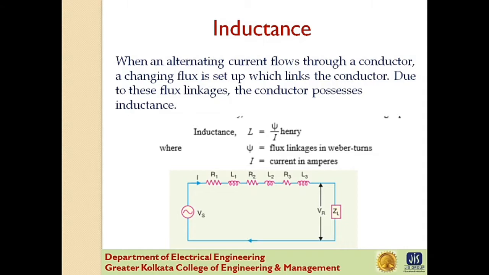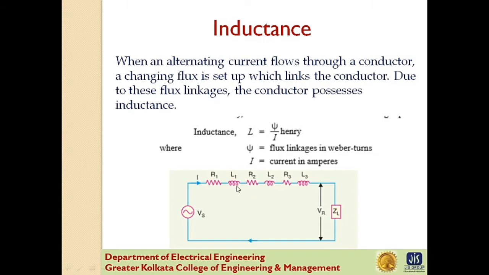But in case of DC, direct current, there is no existence of inductance. Now, what is the formula of inductance? L equals psi by I. What is psi? Psi is the flux linkage in Weber turns and I is the current in amperes. And the unit of inductance is Henry.